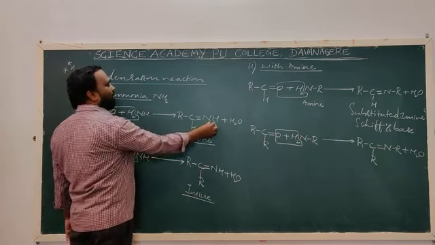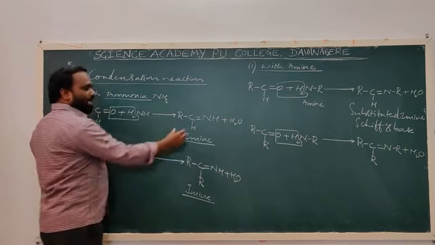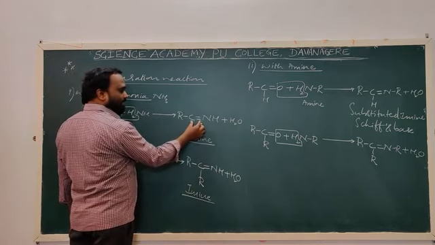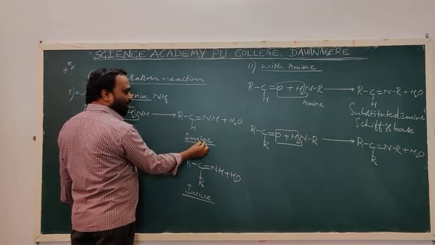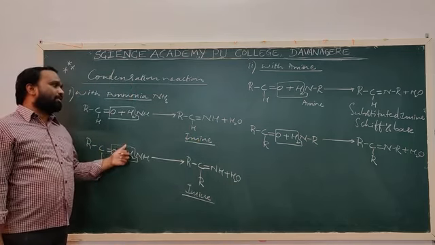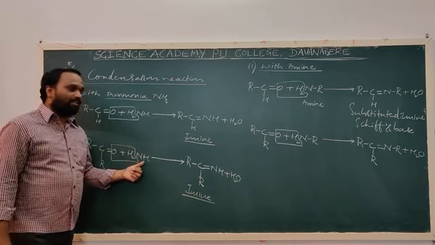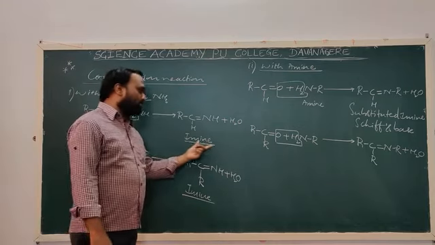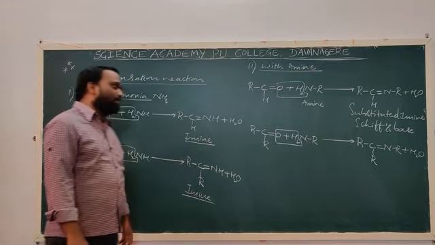So C double bond N, here C double bond NH, they are called imines. So both aldehydes and ketones react with ammonia. They form compounds called imines.